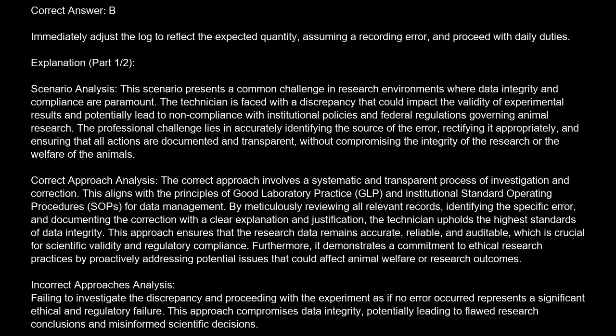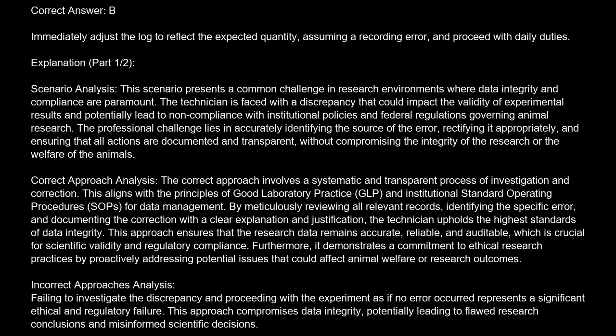The correct answer is B. Immediately adjust the log to reflect the expected quantity, assuming a recording error, and proceed with daily duties. Explanation. Scenario analysis. This scenario presents a common challenge in research environments where data integrity and compliance are paramount.